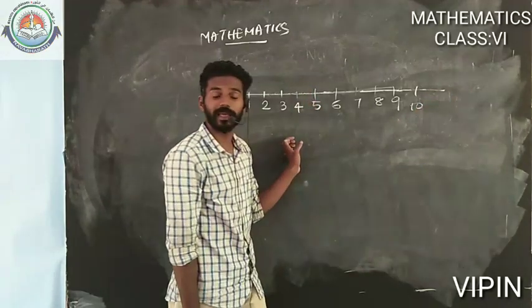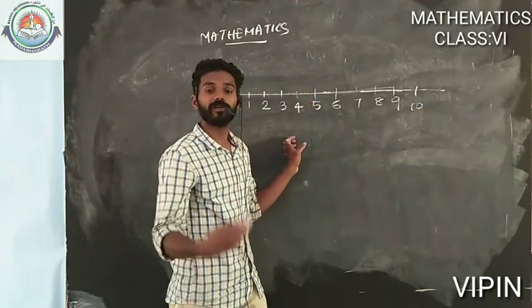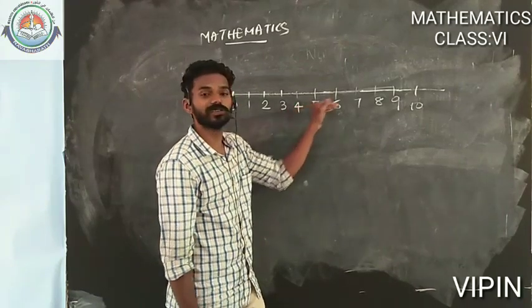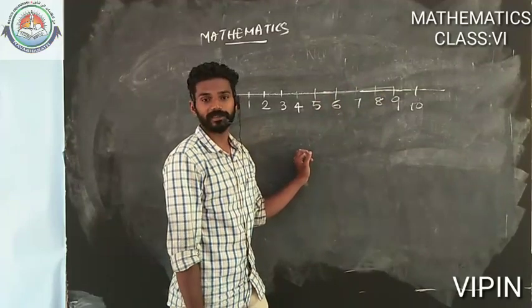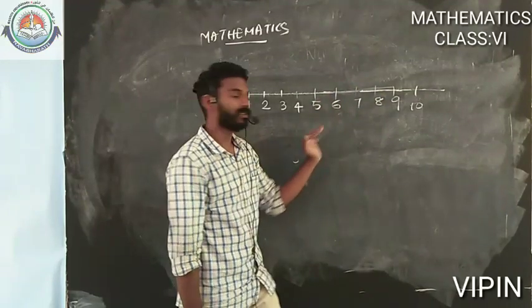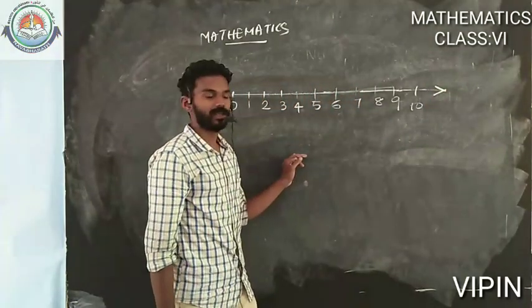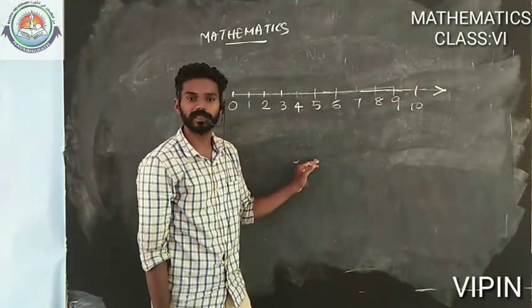And where should it end? You have already studied that these numbers do not have an end. So we can put an arrow mark at the right end of the line.